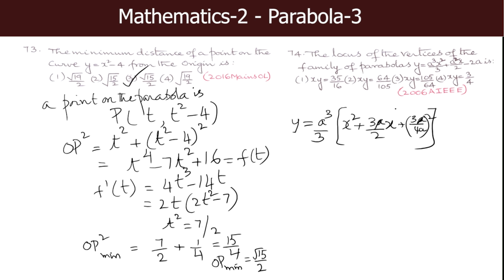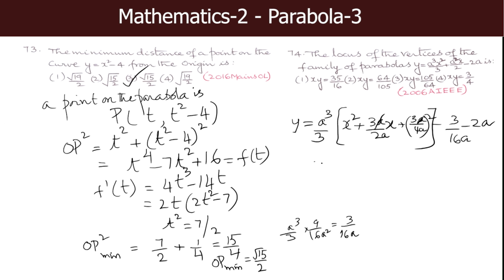Half of 3 by 2a is 3 by 4a whole square. So therefore, what you have added is a cubed by 3 into 9 by 16a square, that is equal to 3a by 16. So you have to subtract the same thing, minus 3a by 16, minus 2a. A simple calculation.